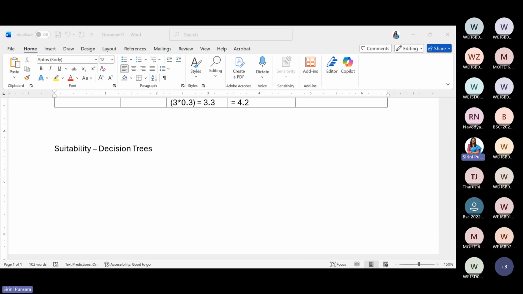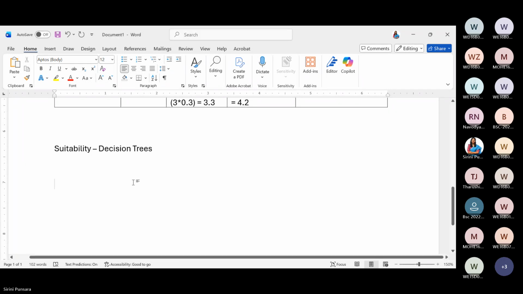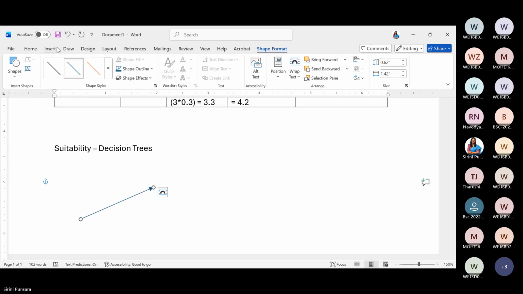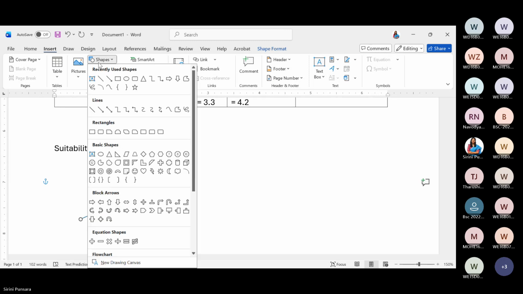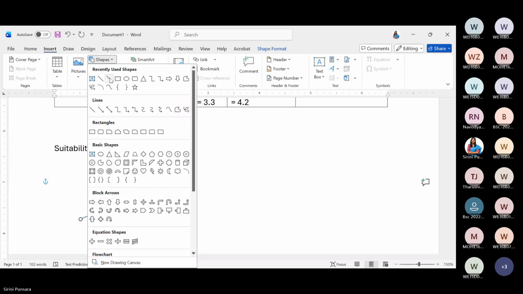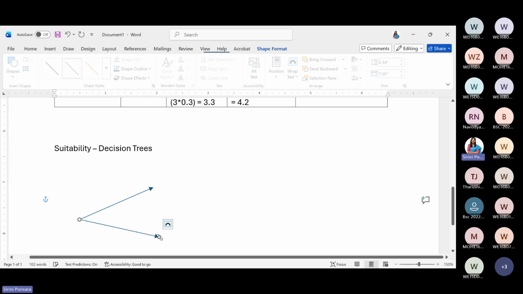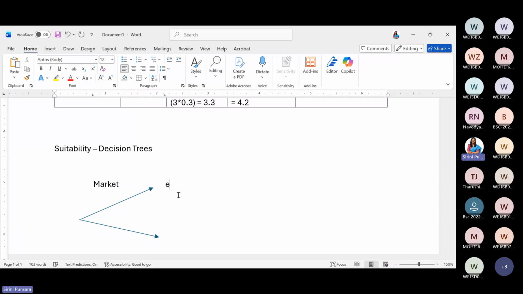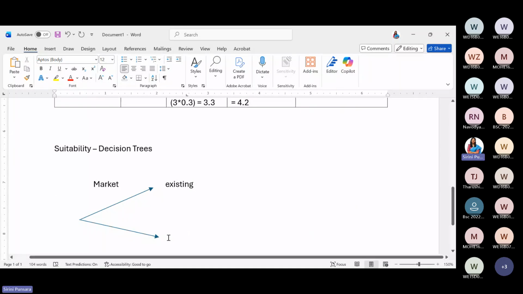So we'll take here the first option in terms of, let's say, market, whether we are going with an existing market or a new market. Right, that is the first option.